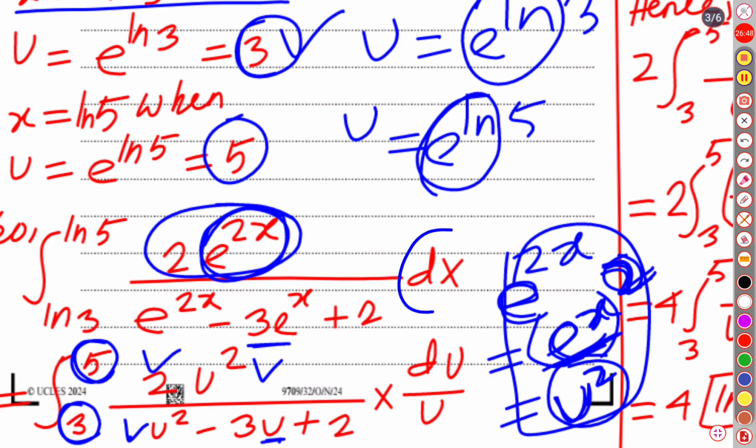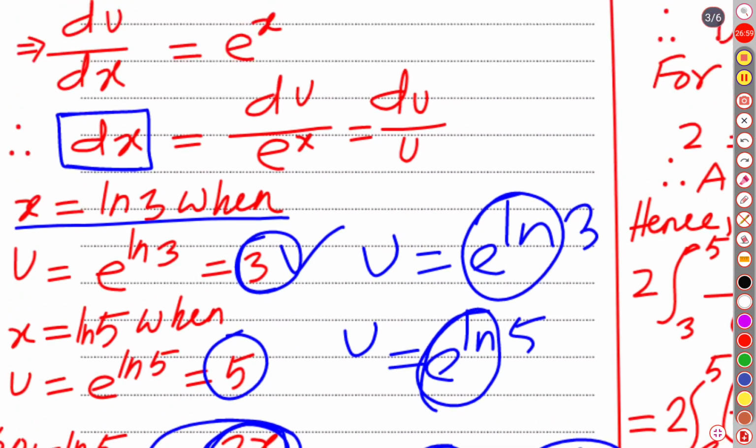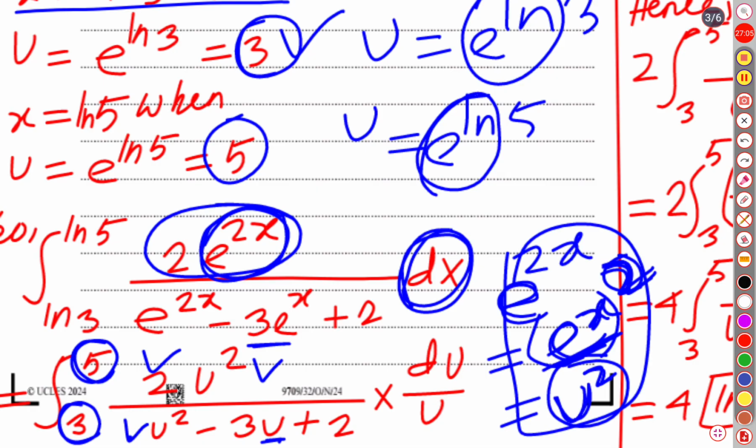And this is one of the most important parts: we have already obtained dx is equal to du over u. Let me show you again. From the upper part we have found dx is equal to du over u. So we have substituted everything, that means everything has been converted to u now. No more x at all.